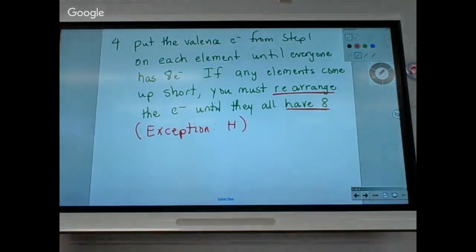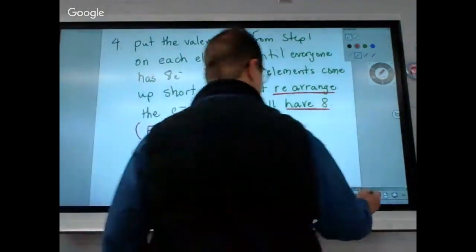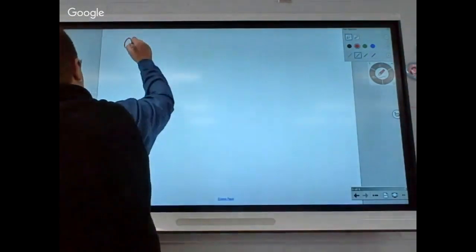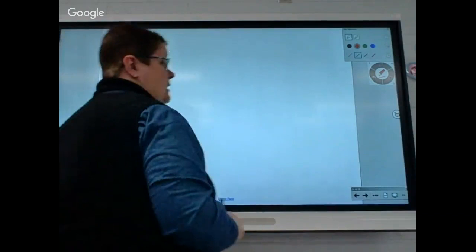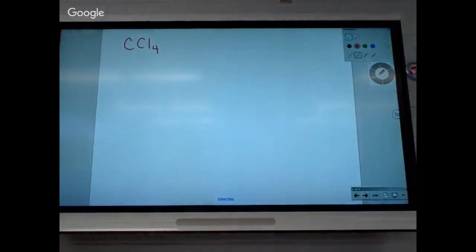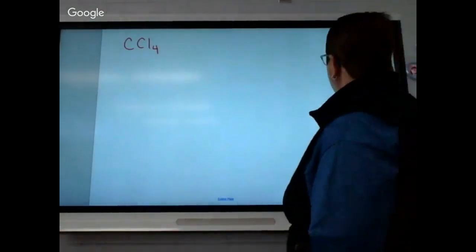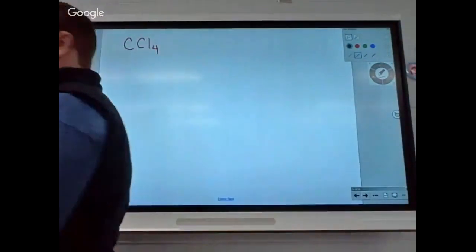Does everybody have the steps written down so we can talk about how it works? All right, let's start easy. Let's draw CCl4. This is as easy as it gets. We want to add up the electrons. This is just like adding up a mass, except we're adding up electrons. How many elements do we have here? What are their names?